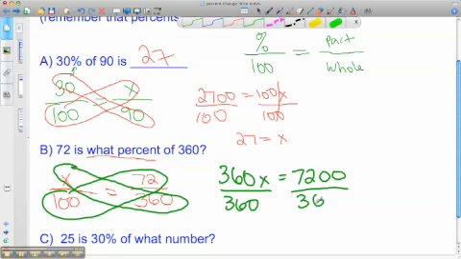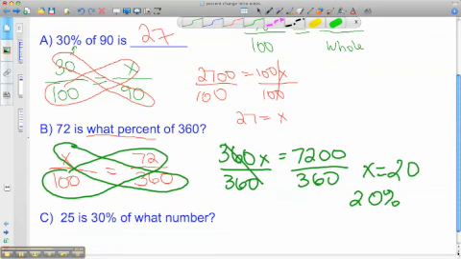Divide by 360. And x equals 20. So again, because I was asking what percent, the final answer is going to be 20%.